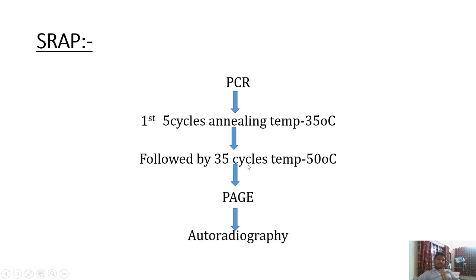And once the PCR reaction is over, you have to load the sample on a gel, and then you will get a pattern in the gel, and that pattern needs to be compared with the patterns of other organisms. Then you can recognize that this pattern may be different in different organisms.